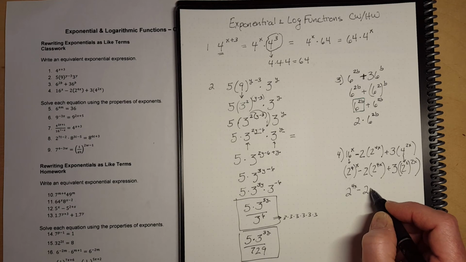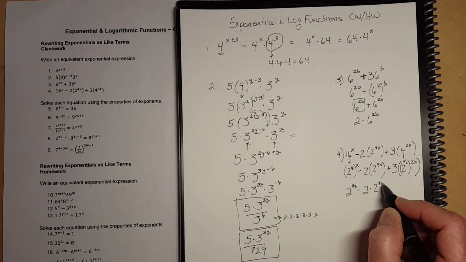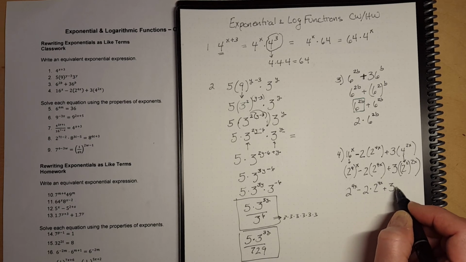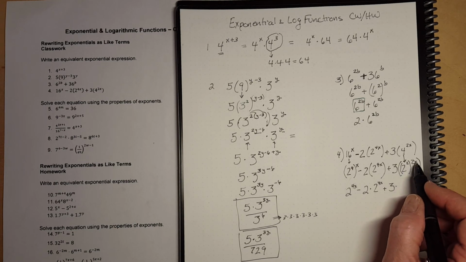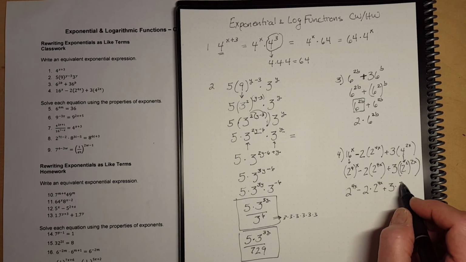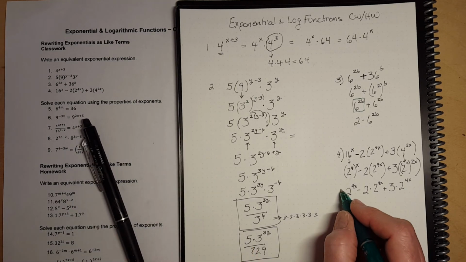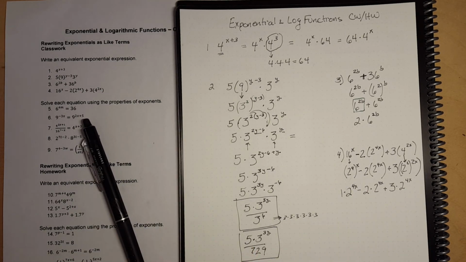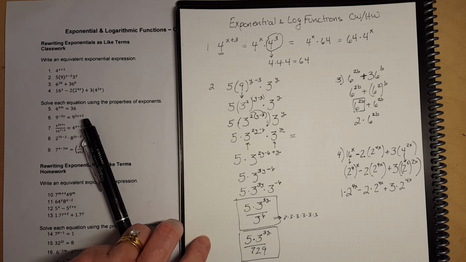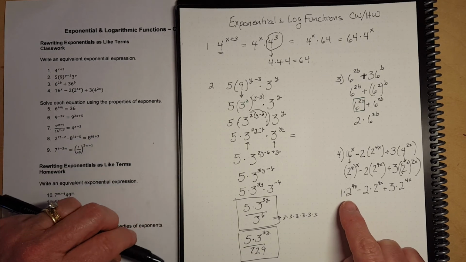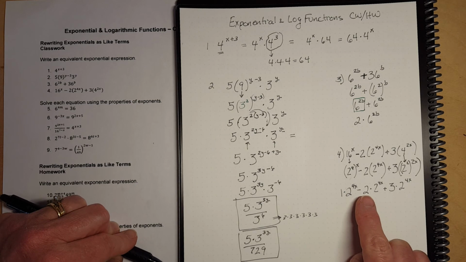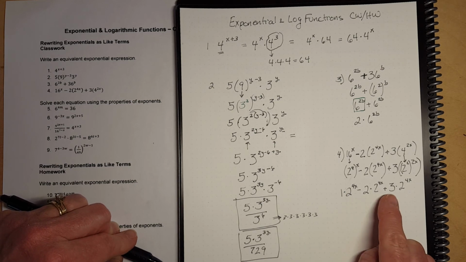Minus 2 times 2 to the 4x. Plus 3 times 2 squared to the 2x, so I multiply those powers, 2 to the 4x. So what I can imagine is this is 1 times 2 to the 4x. And therefore we have 1 times 2 to the 4x minus 2 times 2 to the 4x plus 3 times 2 to the 4x.